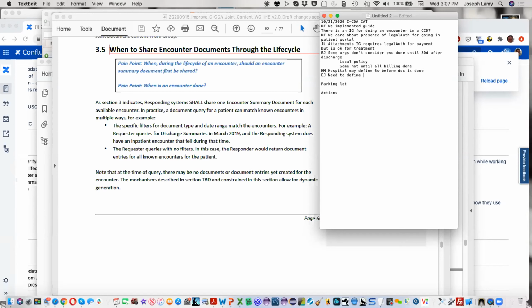We have some systems where a job runs every night at midnight to pick up a CDA document and send it out if that record had been saved to the chart. So they will send the CDA document out with the information that's in it as of that point in time, whether the encounter is considered done or not done, you know what I'm saying?